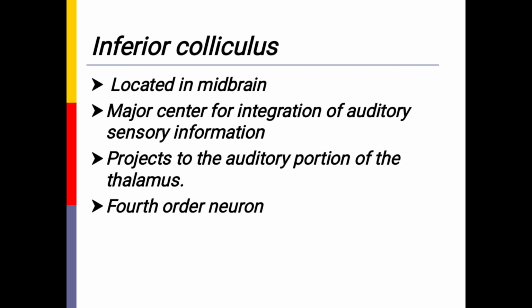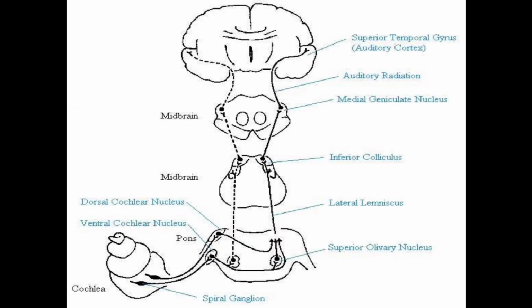The fourth order neuron arises from the inferior colliculus, which is located in the midbrain. It is a major center for the integration of auditory sensory information, which projects to the auditory portion of the thalamus. In this picture, we can see the cochlear nerve starting from the hair cells end in the dorsal and ventral cochlear nucleus.